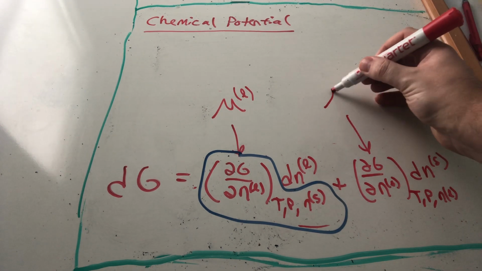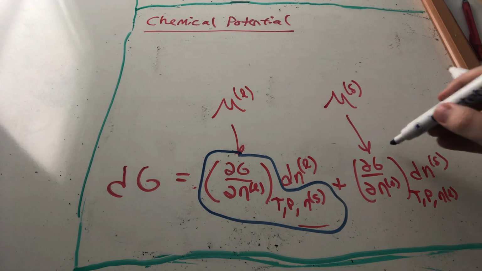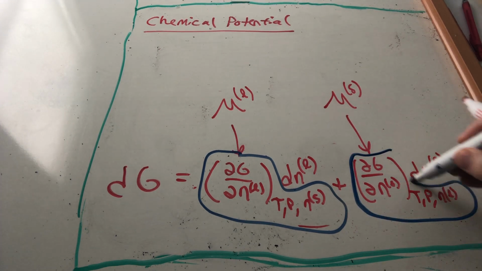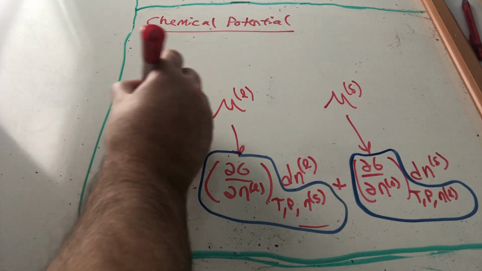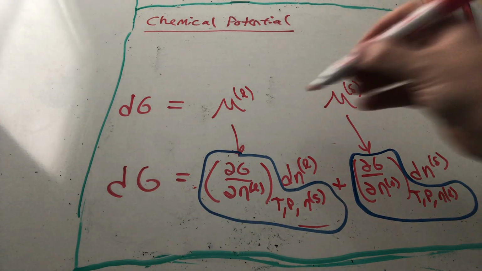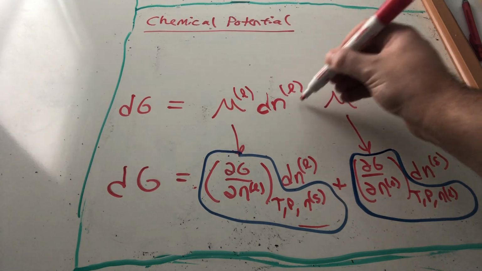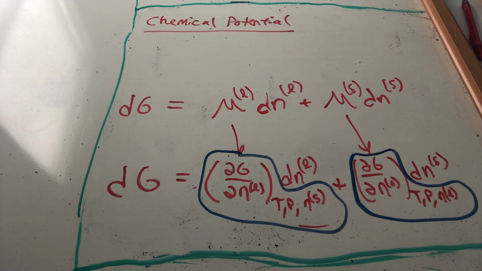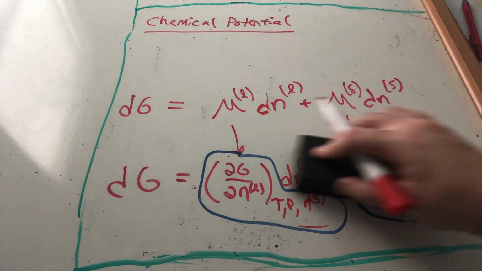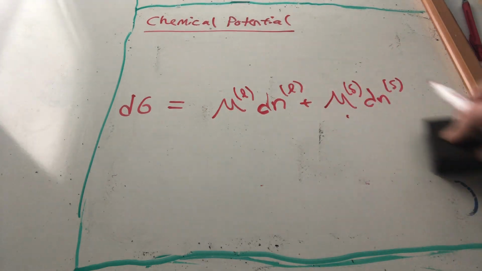That means over here we could rewrite this as mu solid. If I'm calculating dG, I still have this dN_L and this dN_S to consider. So now this is cast in terms of chemical potential.